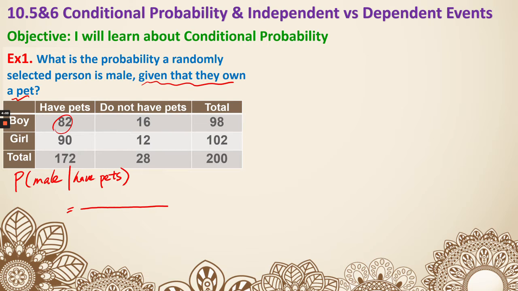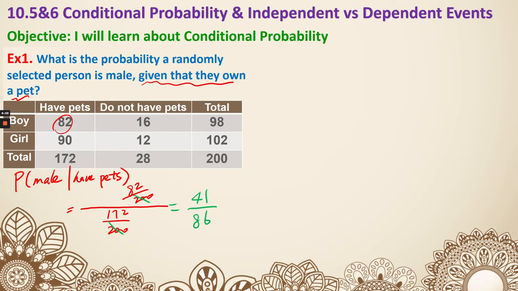Male and have pets, that's 82 out of 200. And the bottom is just have pets, which is 172 out of 200. The top and the bottom both have the 200, so they're gone. We're left with 82 over 172, which can be simplified to be 41 over 86.